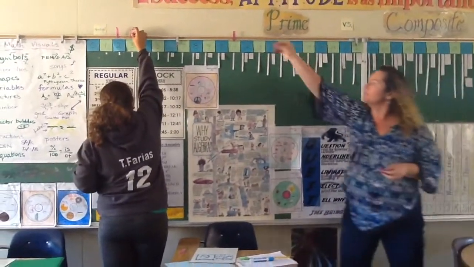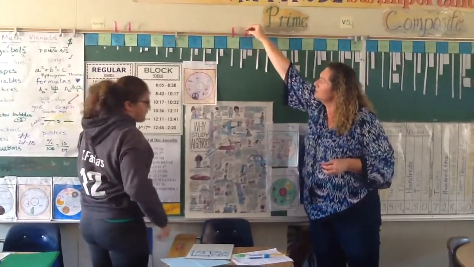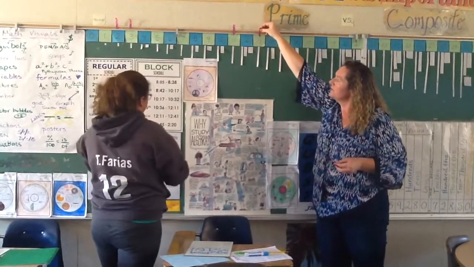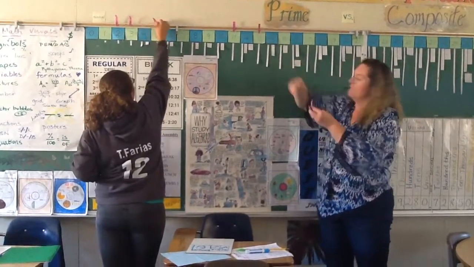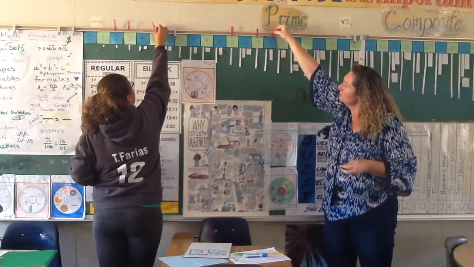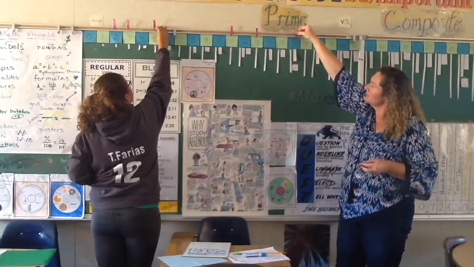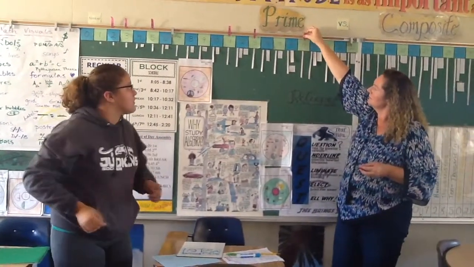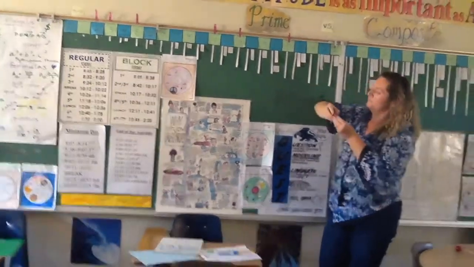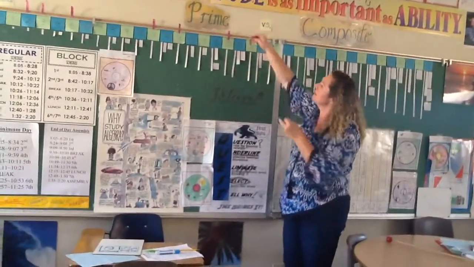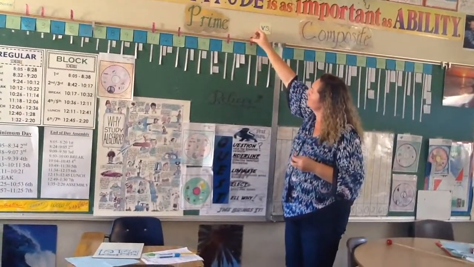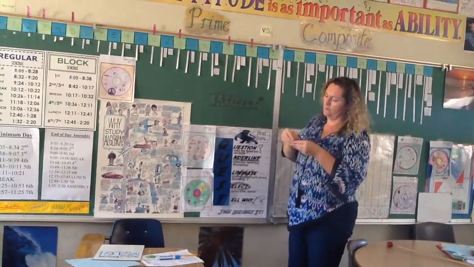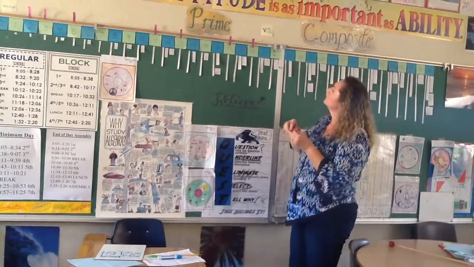Okay, I'm going to cruise along. You tell me, stop when I need to. 12? No. 13? Stop. 14? No. 15? No. 16? No. 17? Stop. 18? No. 19? Stop. 20?